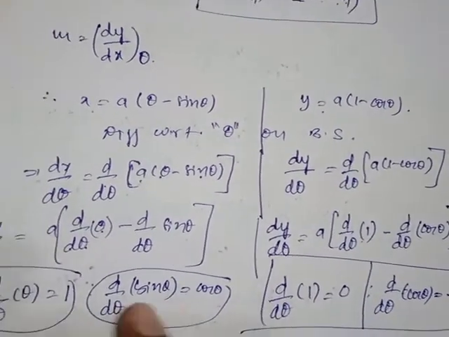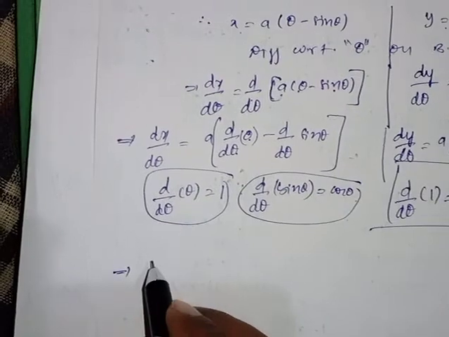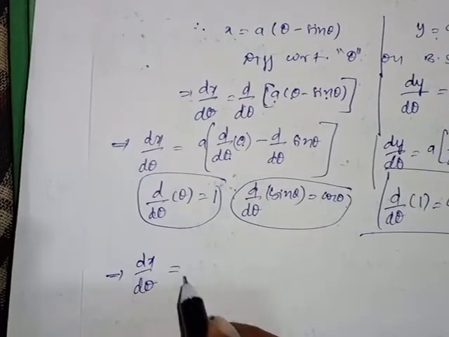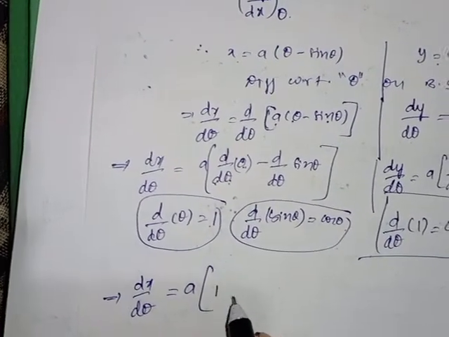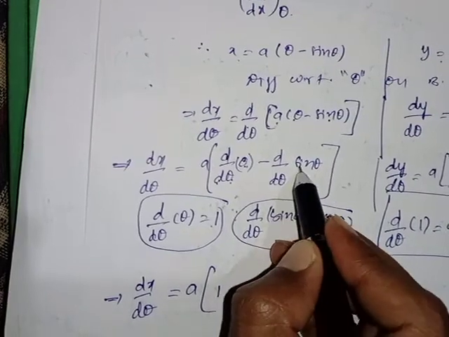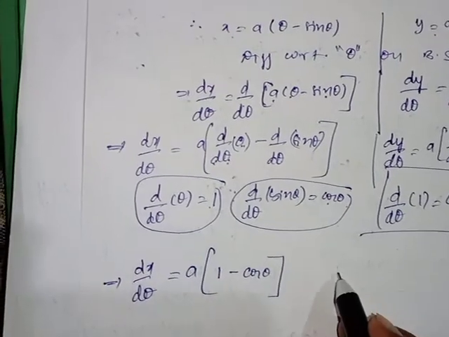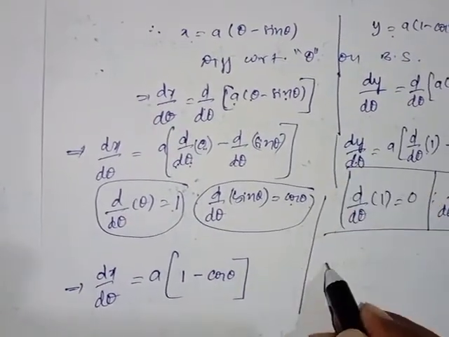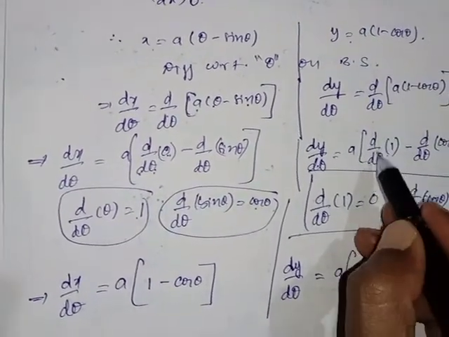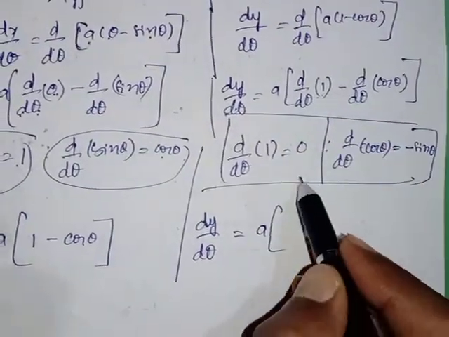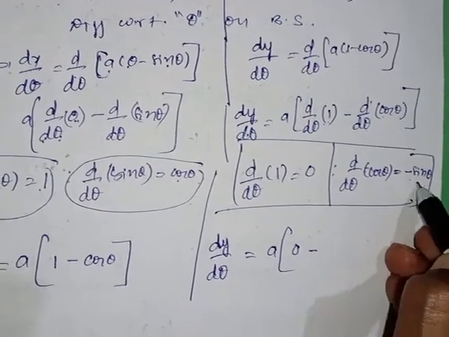So substitute these values here. dx/dθ = a times (d/dθ of θ, which is 1, minus d/dθ of sin θ, which is cos θ). And dy/dθ = a times (d/dθ of 1, which is 0, minus d/dθ of cos θ, which is negative sin θ).